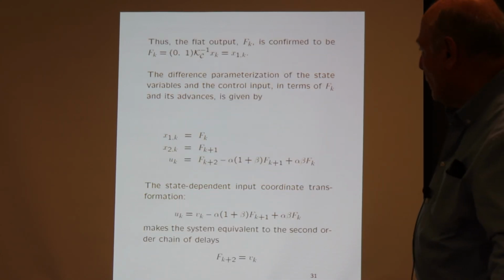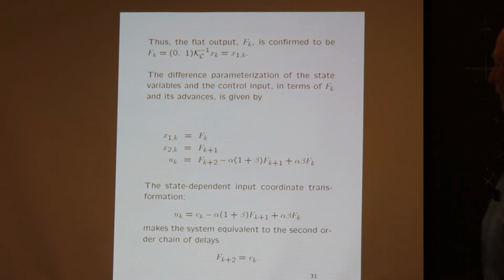And you can plan things because the national income will be able to parameterize all the state variables. x1 is just f, x2 is the forward value of x1, so that's f_{k+1}, and the control input u was seen to satisfy this relation with the flat output.